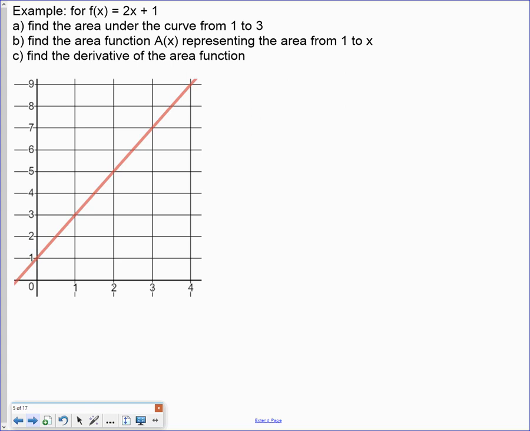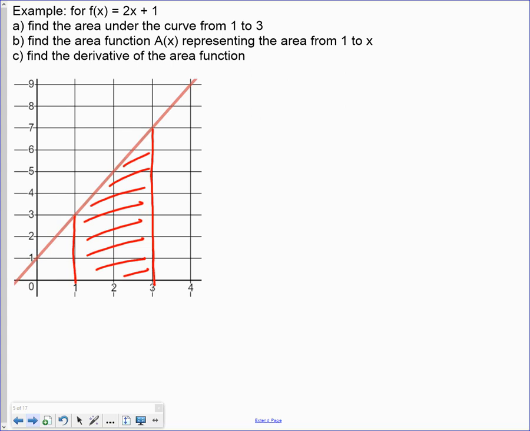So let's start with part A here. If we want to find the area under this curve from 1 to 3, this is the region that we want here. This is the area. This is actually just a simple geometric figure. It's a trapezoid, kind of like what we used in the trapezoidal approximation in the last unit.